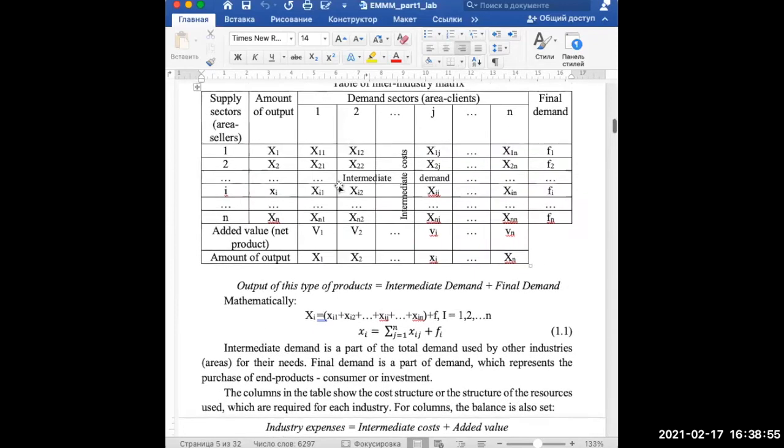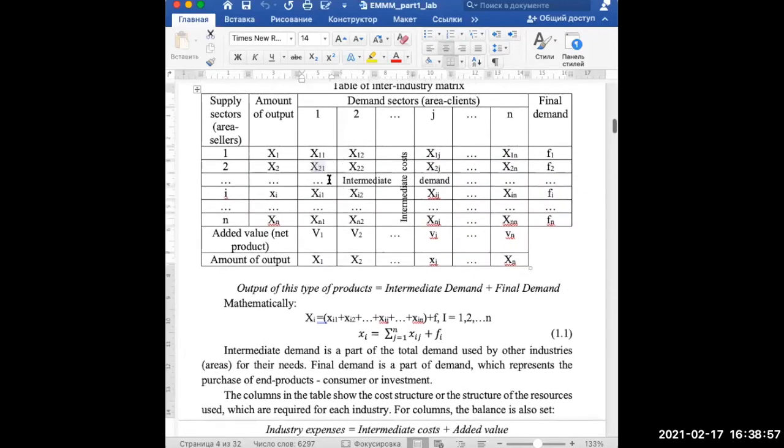A good example is this delivery x21. What does it mean? It means that the second supplier will deliver some products to the first supplier. Yes? In this case, the first supplier will deliver some products to the second branch.